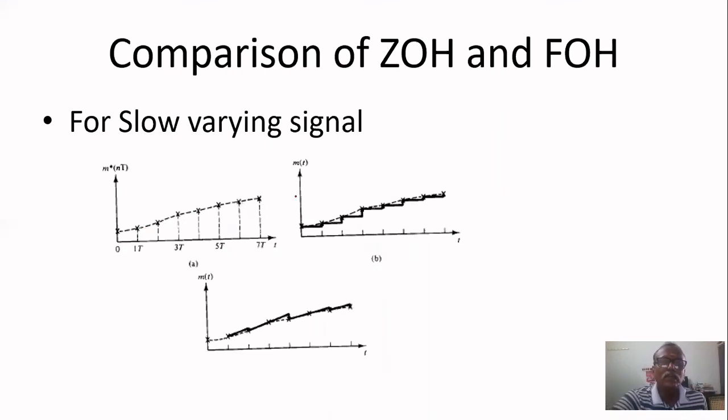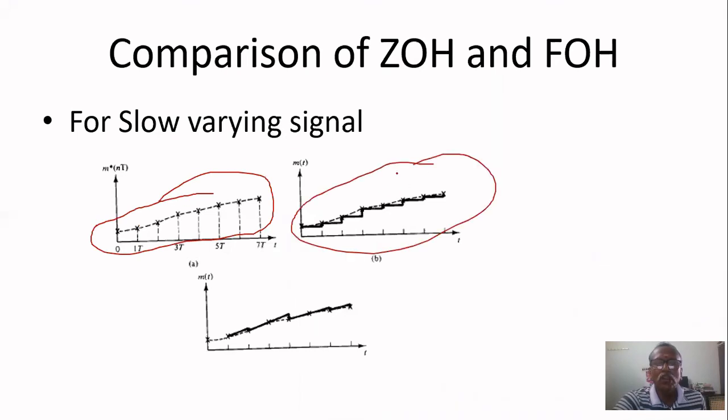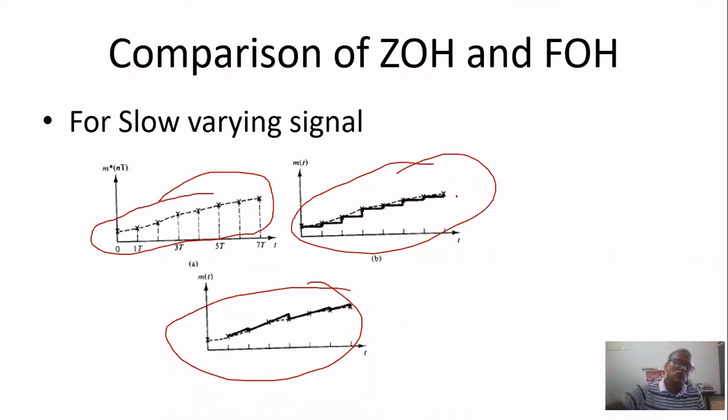Here, we are reconstructing the sampled signal by using a zero order hold and a first order hold. If you use a zero order hold, the previous value will be maintained till you get the next value.